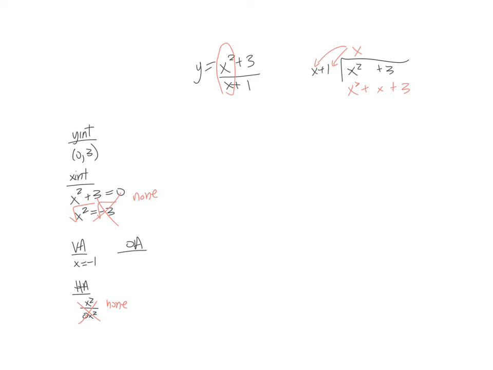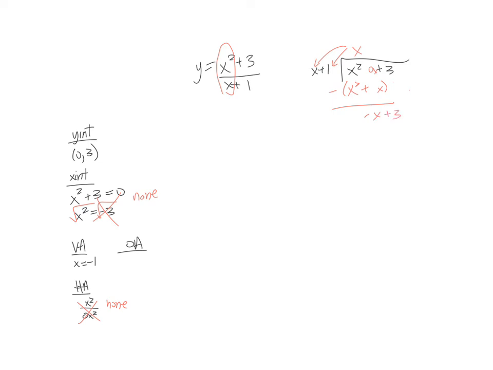So we need to subtract these. If we subtract all of that stuff, you'd have x squared minus x squared, which cancels, but we also have a 0x in here, so 0x minus x would give us negative 1x.